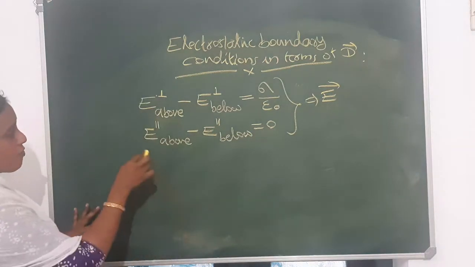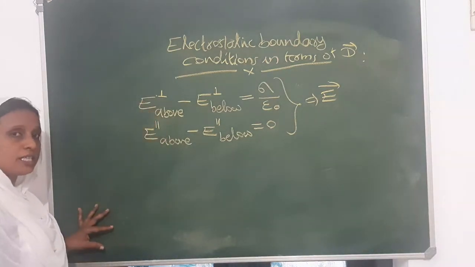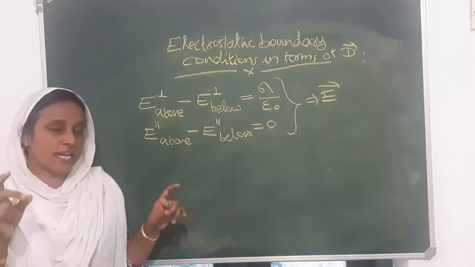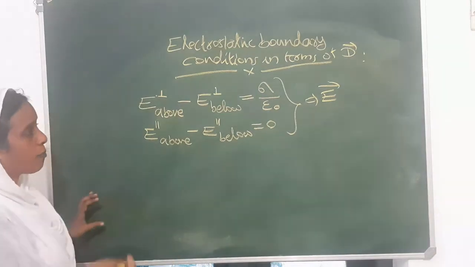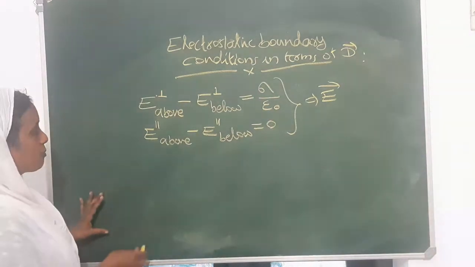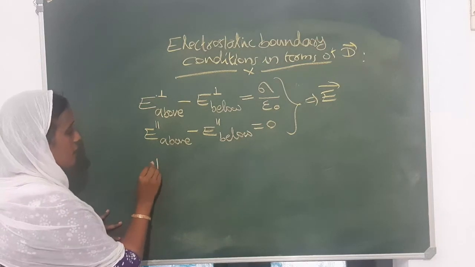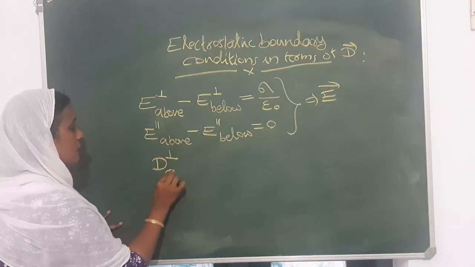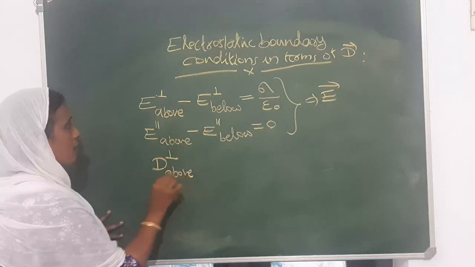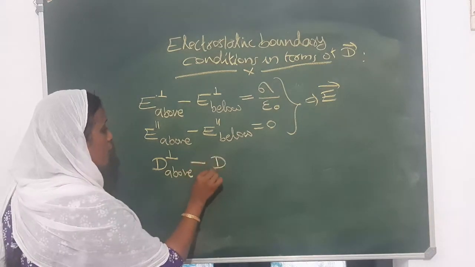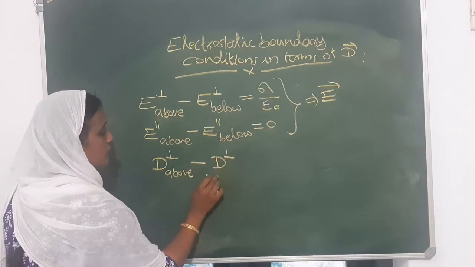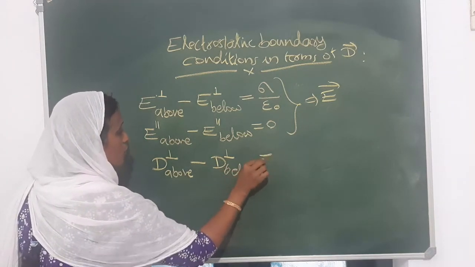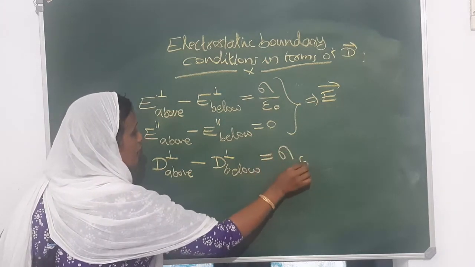Now we can find the corresponding boundary conditions for the electric displacement vector. If the medium is dielectric, we have to state the boundary conditions for the electric displacement vector. The normal component of the electric displacement vector above minus the normal component below is equal to sigma f.